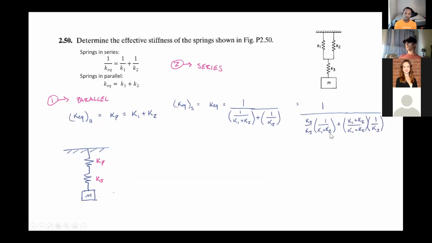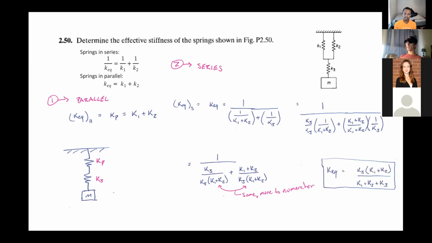And over here, I'm doing K1 plus K2 over K1 plus K2, just to get the denominator of the denominator to be the same. Then I can use some algebra there. They're the same denominator, move to the numerator, bring that up, and we have K equivalent equals K3 times K1 plus K2 over K1 plus K2 plus K3.